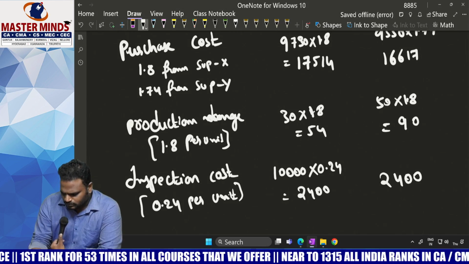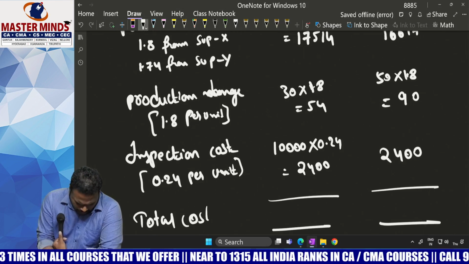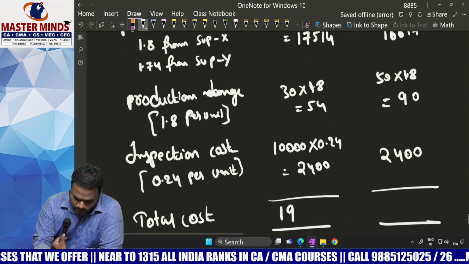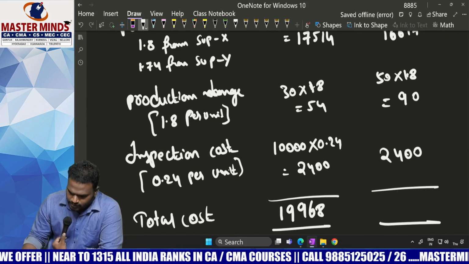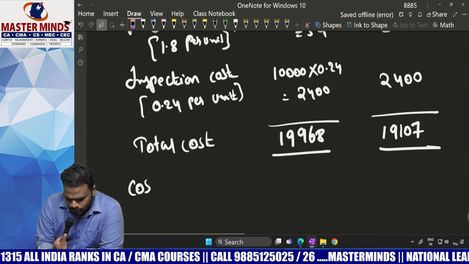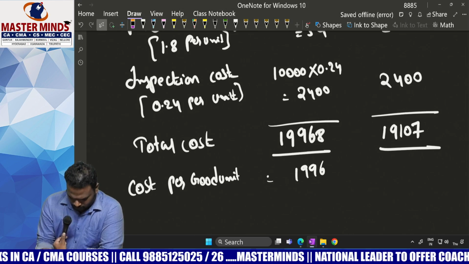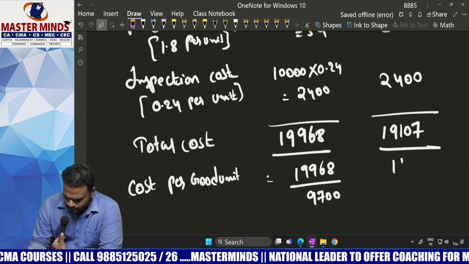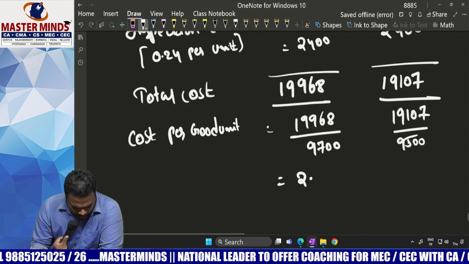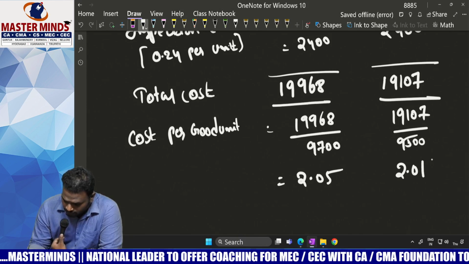Now the total cost is 19,968. Now cost per good unit, divided by 9,730, divided by 9,550. 2.0.